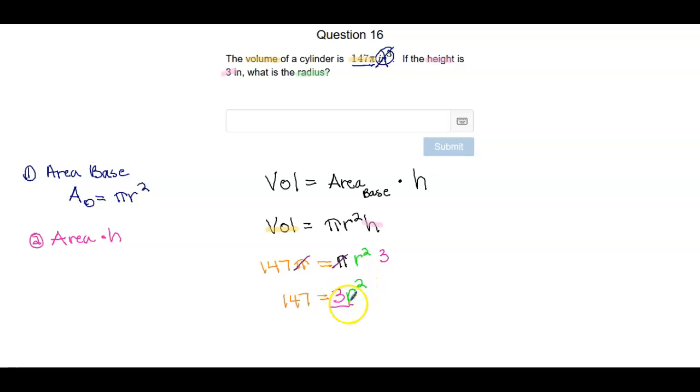To undo multiplication of 3, we have to divide both sides by 3. So we get r squared is equal to, I believe that is 49. Yes, 147 divided by 3 is 49.